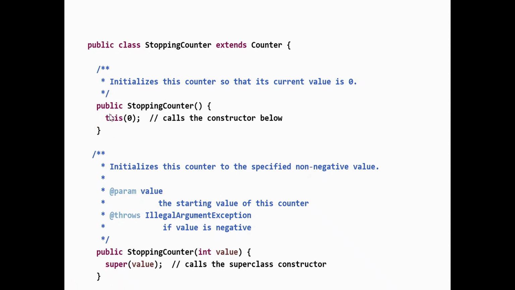This is fine. This is the first line of my constructor, a call to another constructor. So we go down to here. This constructor calls the superclass constructor, which is good. So the first line of this constructor is a call to another constructor, and when this constructor calls that one, the superclass constructor gets called. So this is fine too, because the first line of my constructor is a constructor call, and the superclass constructor eventually gets called. So this is all fine.